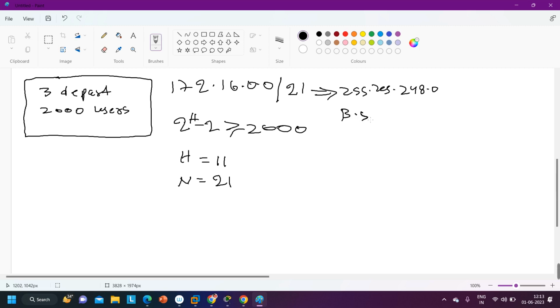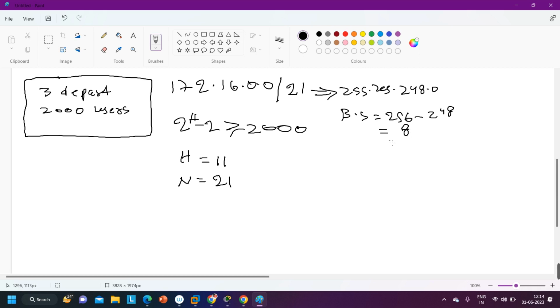So what will the block size be? 256 minus 248. It should be 8. Block size is 8.